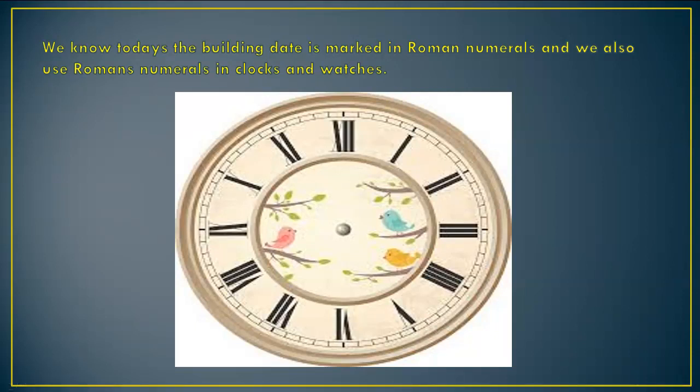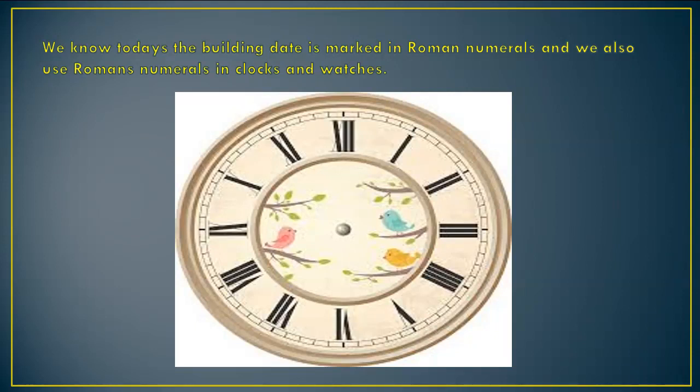Well, in the previous lecture, I told you about Roman numerals and the history of Romans. And I also told you how we can represent 1 to 10 Arabic numbers as Roman numerals. Okay students, let me tell you about the rules of Roman numerals.